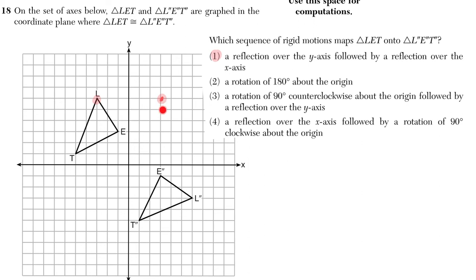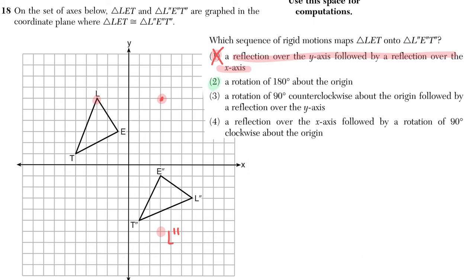If it's 1, 2, 3, 4, 5, 6, it's going to go 1, 2, 3, 4, 5, 6. So L double prime is right here. And yet, on the example that we're looking for, L double prime should land right here. So we can eliminate option 1 as a possibility. That's not checking out.